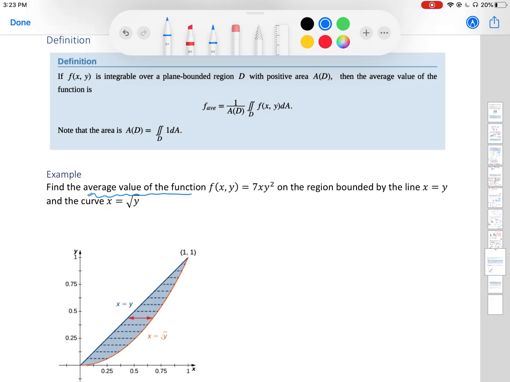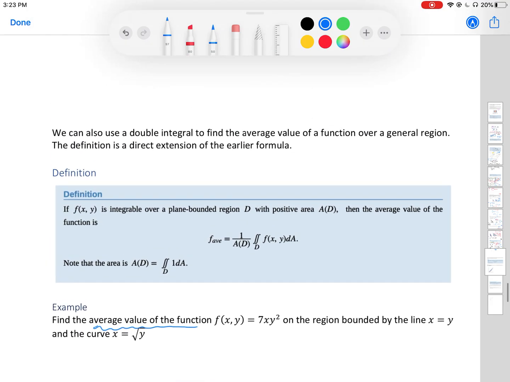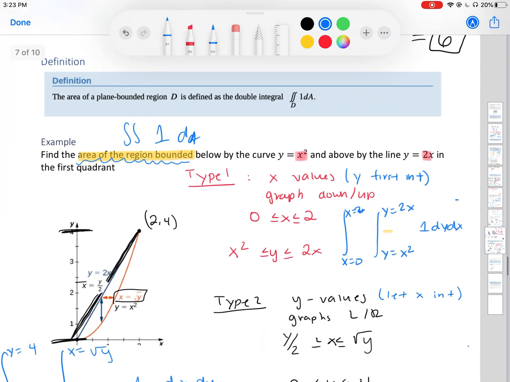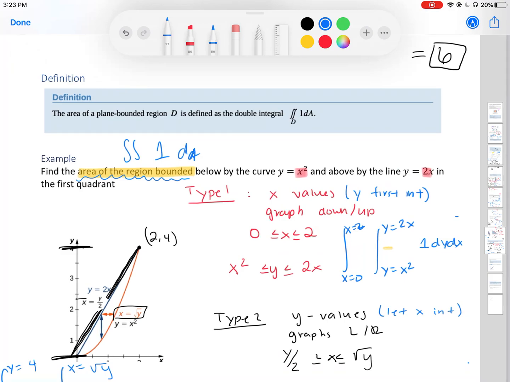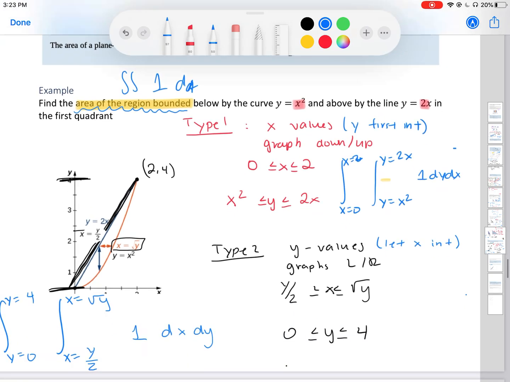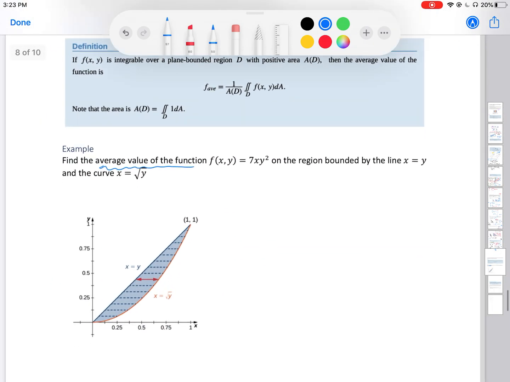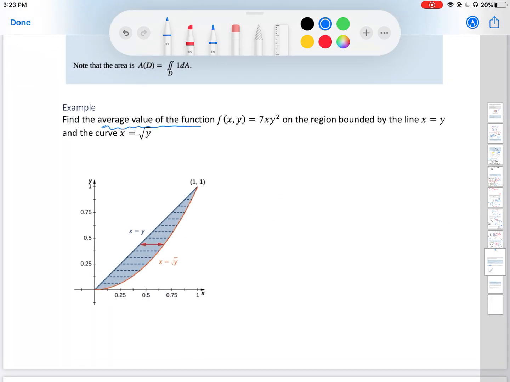Now to do so, we first need to find the area of the region bounded, just like we did before. So let's first find the area of the region bounded. Now I see that everything's in terms of y for our function. I have x equals y and x equals square root of y.